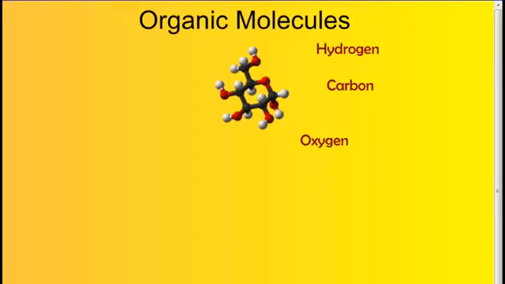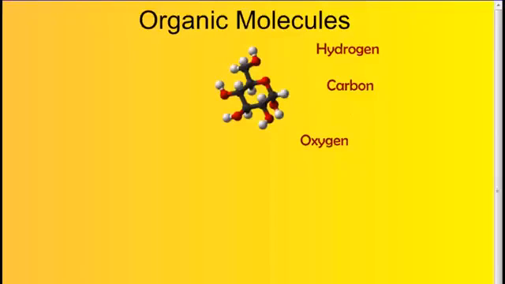And in this diagram, the hydrogen atoms are in white, the carbon atoms are the black ones here, and the oxygen atoms are the red ones right here. And so you'll see there's several oxygen atoms, several carbon atoms, and several oxygen atoms. But it's these elements that build this molecule.